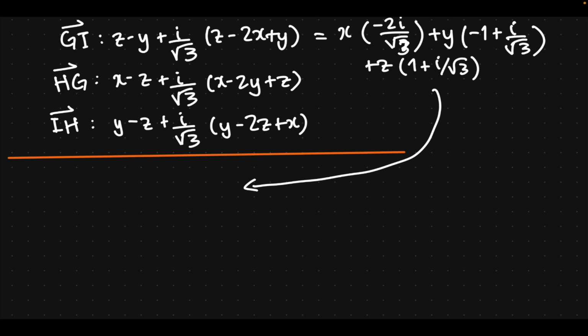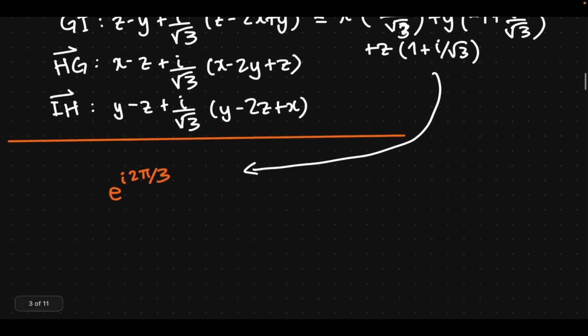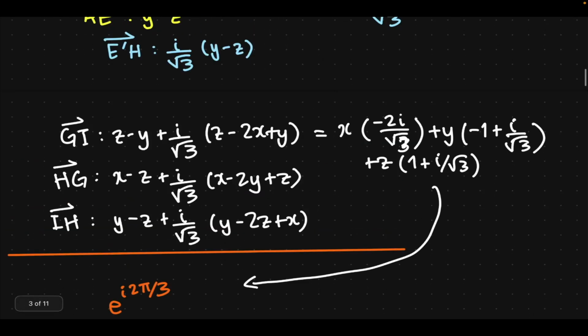I'm going to multiply this thing here, the terms of vector GI, with this e to the i 2 pi over 3, and you'll see why. This is a rotation by 60 degrees actually, because if we do that, let's see what's going to happen to the x first.